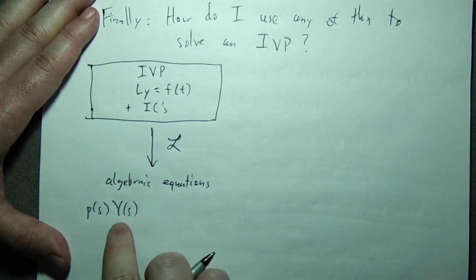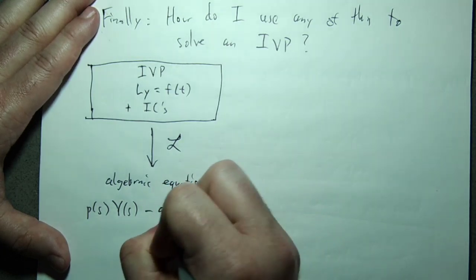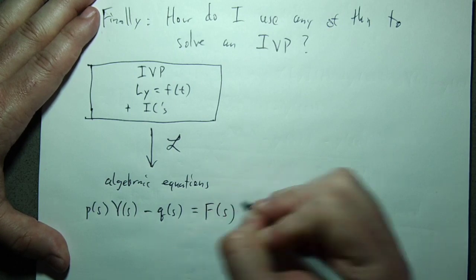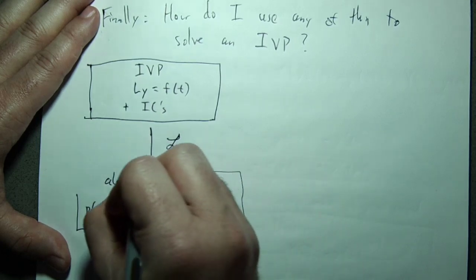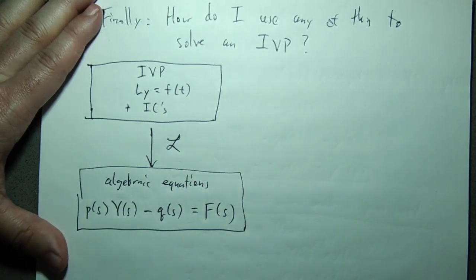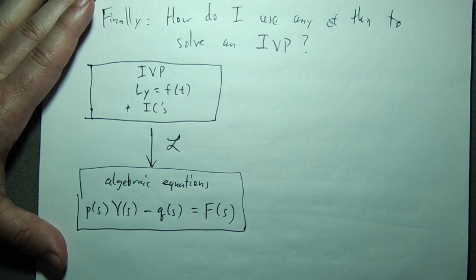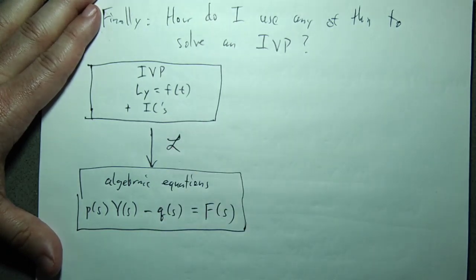This is the characteristic polynomial times big Y of S minus Q of S, that's some polynomial, is equal to big F of S. This is the algebraic equation I get. It's always going to work out like this. Big F of S is, as you imagine, the Laplace transform of the right-hand side here.